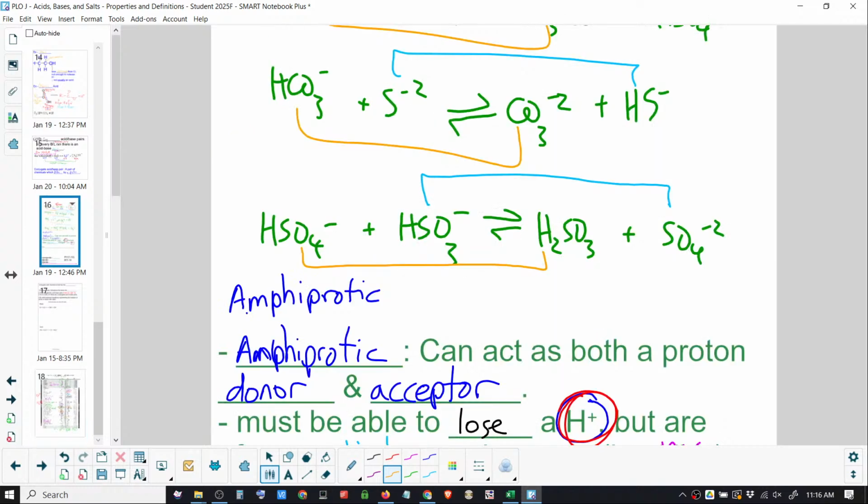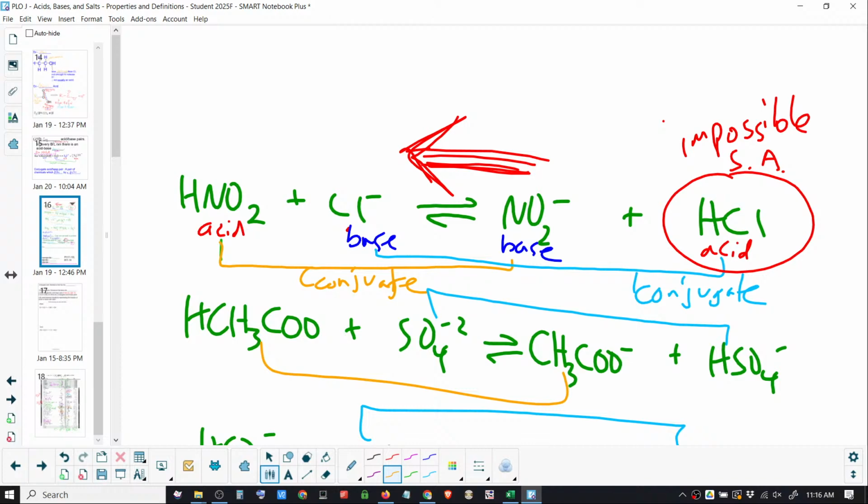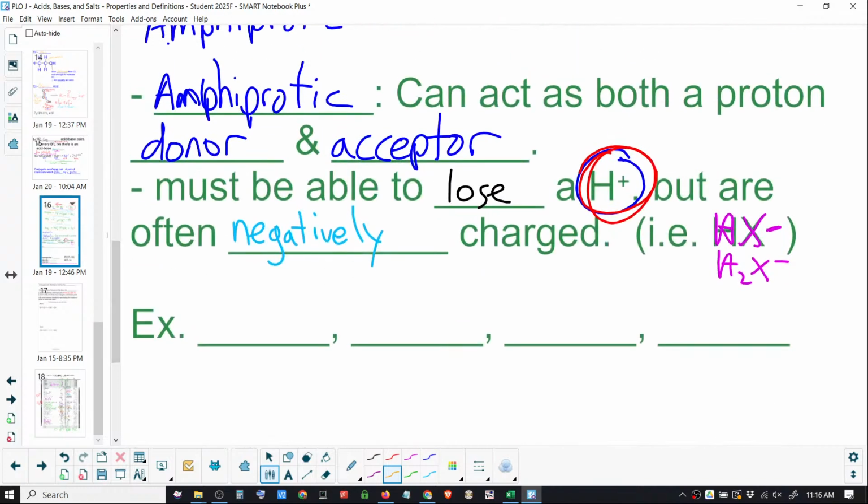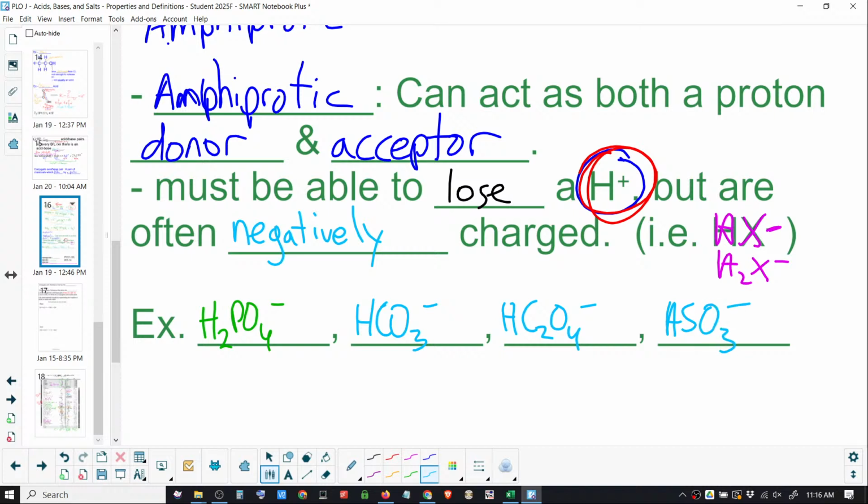Okay, put in, view, zoom, my page width. Down here, we were going to come up with a lot of examples, and we already did that on the other page, so I'll just bring it in. I believe someone said H2PO4 minus. We have HCO3 minus, HC2O4 minus, HSO3 minus is another example.